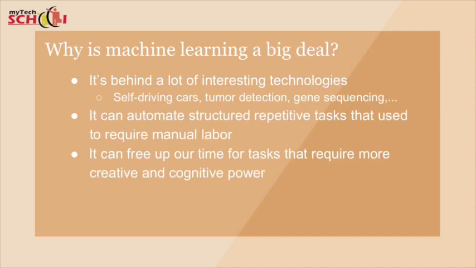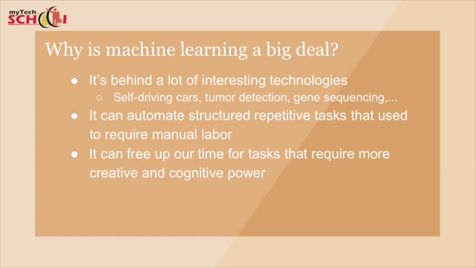So, why is machine learning a big deal? First, it's behind a lot of interesting technologies like self driving cars, tumor detection, gene sequencing, personal assistants, translations, object detection, and more. And next, it can automate structured, repetitive tasks that used to require manual labor.